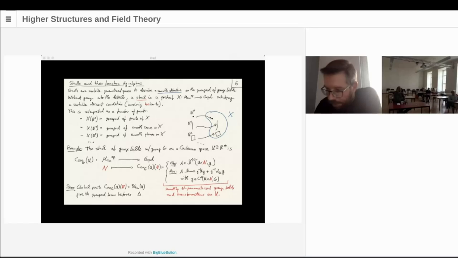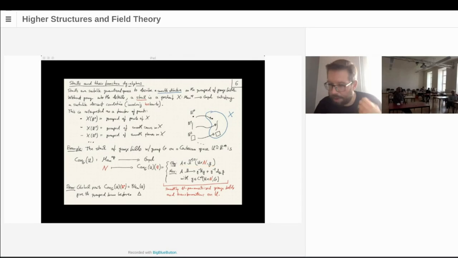So the objects of this groupoid are one forms on U times N. U is my spacetime and N is my test space. And I take forms which just have legs along spacetime. So you can think of this as smoothly N parametrized, because there are no legs on N. N appears here just to smoothly parametrize your gauge fields.